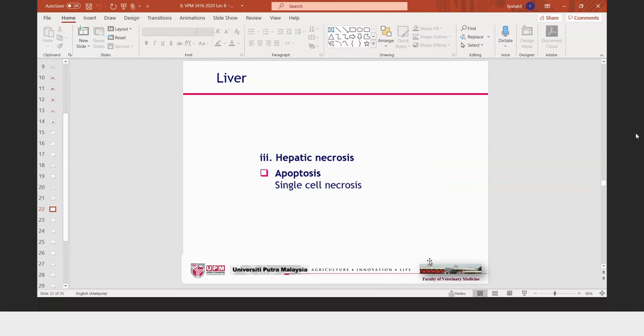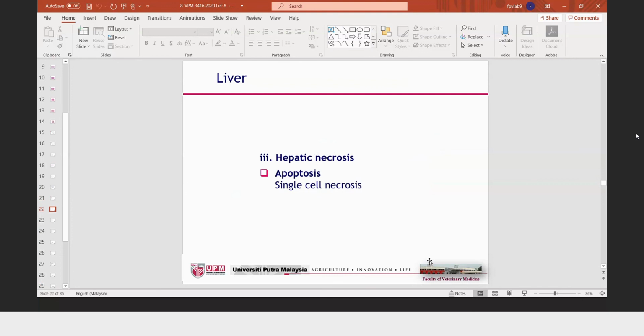Actually, this is programmed cell death, and apoptosis has become so important partly because in cancer therapy, people like to develop drugs that are able to selectively kill the tumor cell, but not other cells. Because when they give this therapy or medication to the patient, the medication might kill both the tumor cell as well as the normal cell. So they are not very selective, or the degree of selectiveness is not very high.